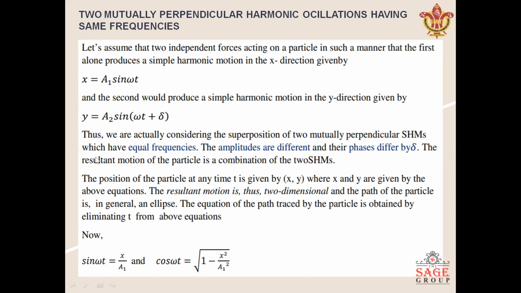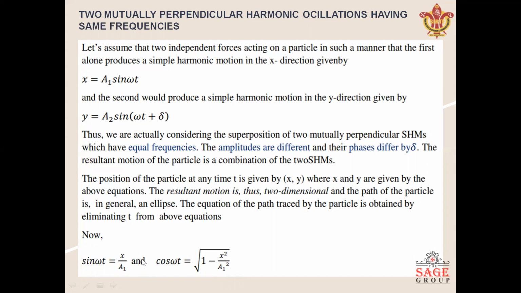Now we can write sine omega t is equal to x by a1 by the first equation, and we can also write cos omega t, that is under root of 1 minus sine square omega t, or instead of sine square omega t we can write x square by a1 square.